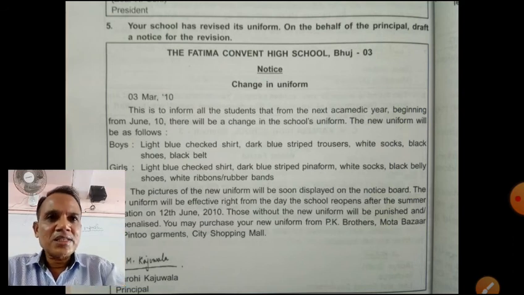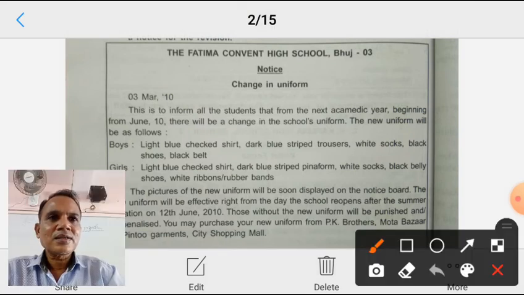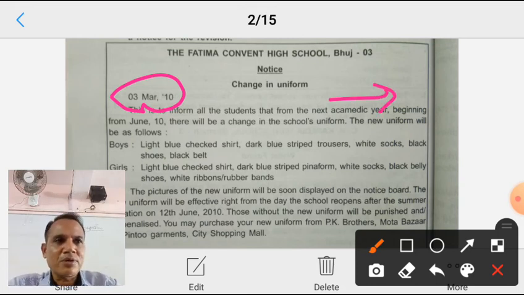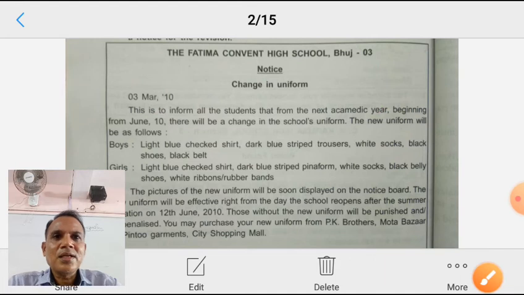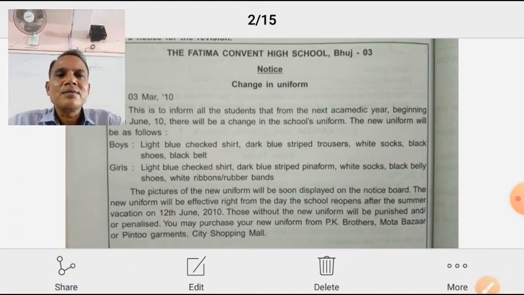Again here a mistake is done. The date is written at the left side, but you write it down on the right side. Clear? Here an introductory paragraph is written and points are also written.